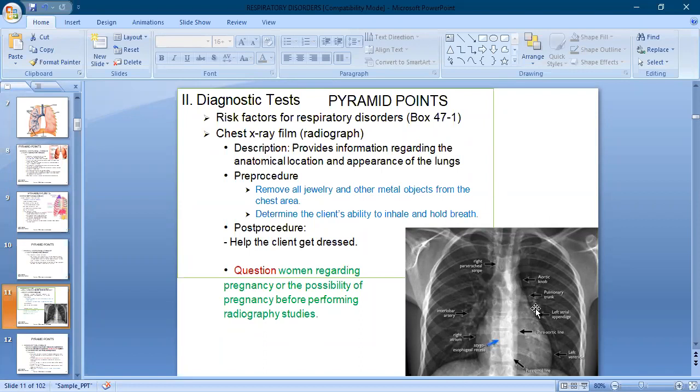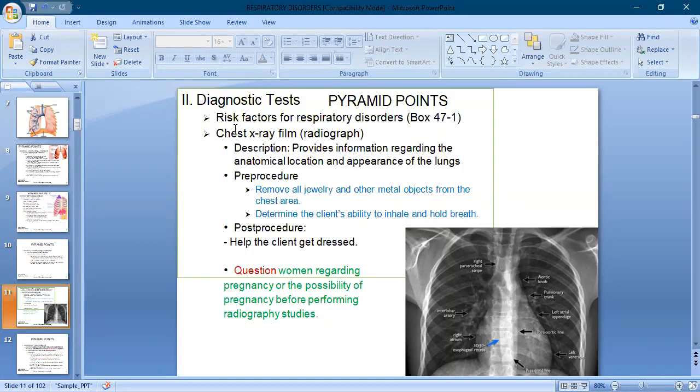If you take an X-ray, anterior-posterior view or posterior-anterior view, we are supposed to see blackening in this area because of air. If there is any tumor or mass, we can see whitish areas.